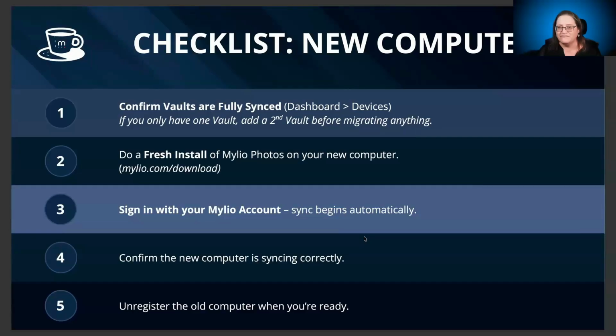There are ways to work around it if you want to clone from another machine or an old backup, but you're going to have a much better experience treating the computer like it's brand new and installing everything fresh. Once Mylio is installed, sign in with your Mylio account. Sync will begin automatically. Confirm the new computer is syncing correctly, and then when you're ready, if you are replacing an older computer, unregister that old computer. And that's all you need to do when you get a new computer.